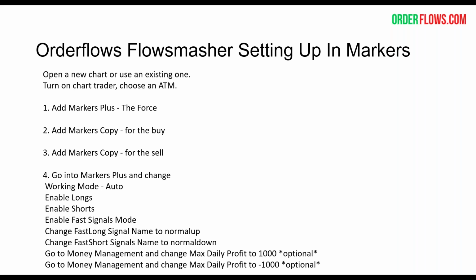These are the instructions, and I'm going to add this into the user guide. I didn't have it in the user guide earlier, but it's really simple to set up in markers. Again, if you've ever used markers and are a little bit comfortable with it, it'll literally take you about a minute or two to set it up in markers to run. And let's see here.